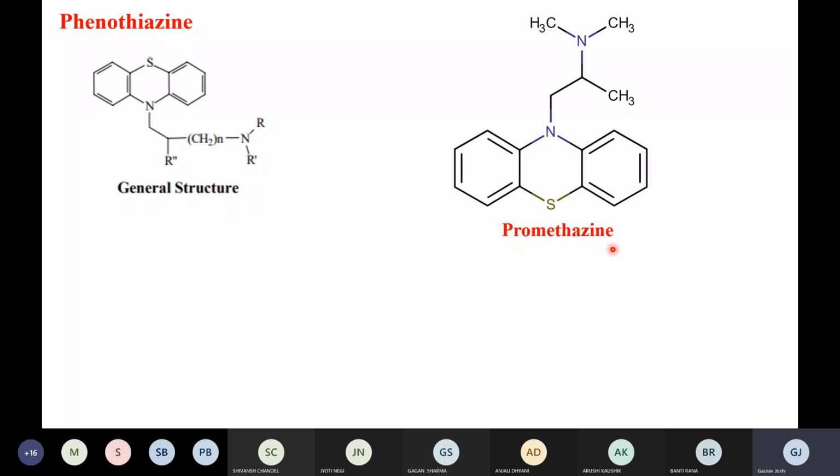You might have heard about this drug, right? Why is it firstly called promethazine? Azine. What could be the azine? If you remember the Hantzsch-Widman nomenclature, azine is the cyclic molecule having a nitrogen, right? So this is called the promethazine, right?